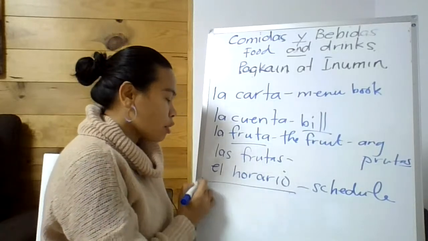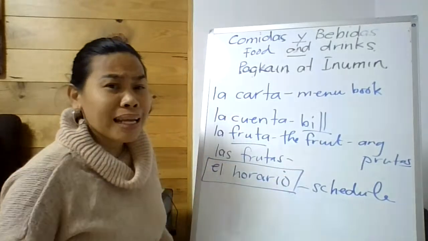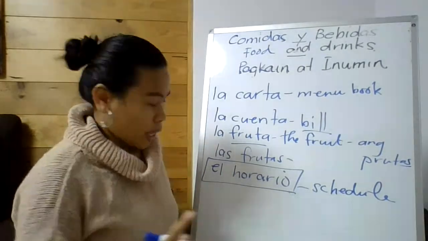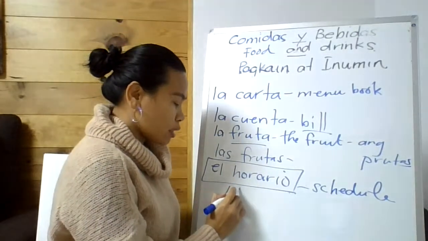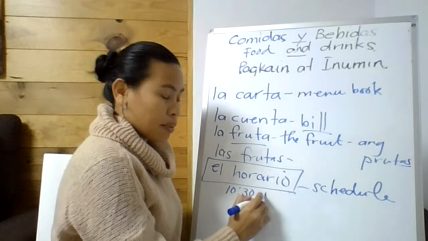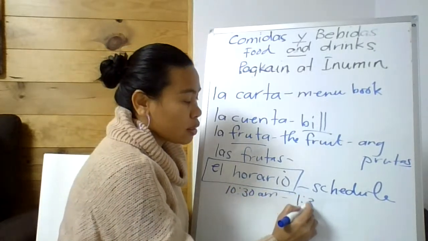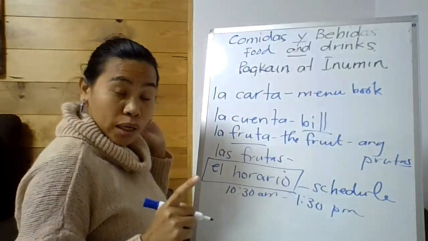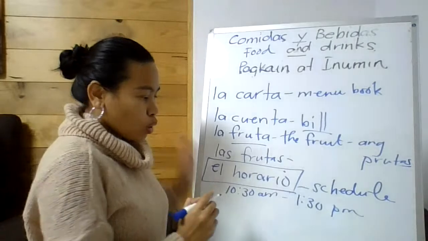You know what? The shops here, I mean, las tiendas, the shops, normally open at 10:30 a.m. up to 1:30 p.m. And then they have lunchtime at 1:30 up to 5 o'clock.